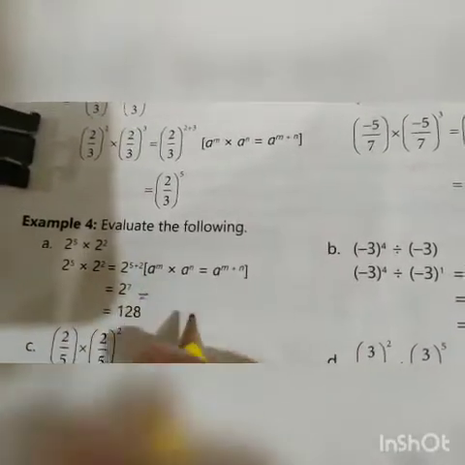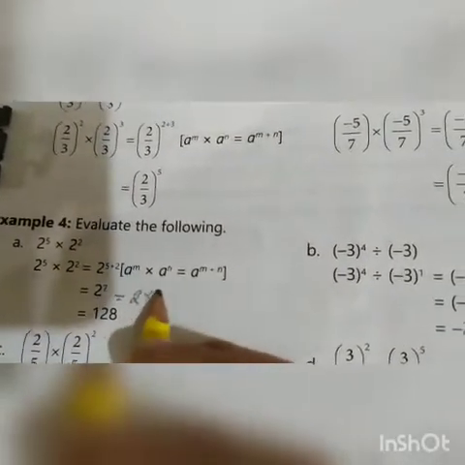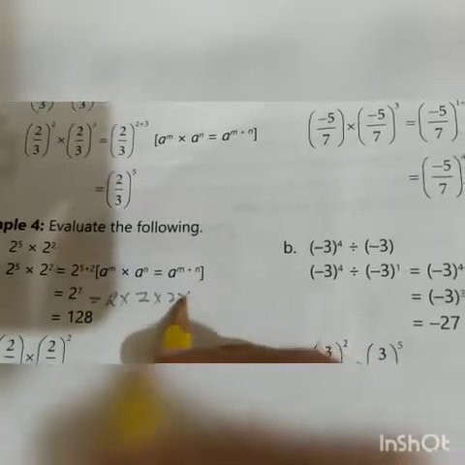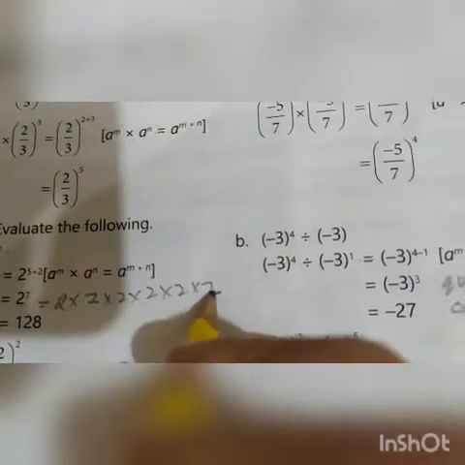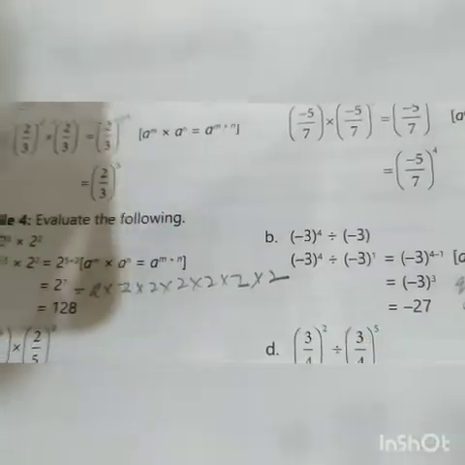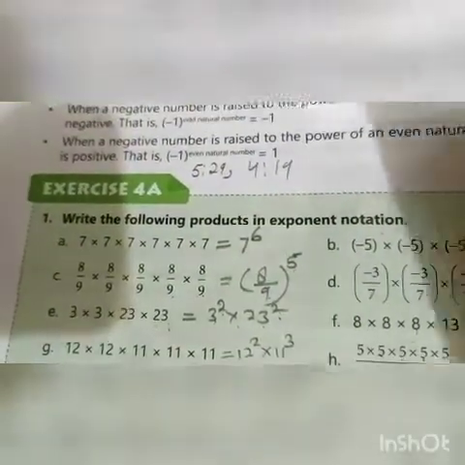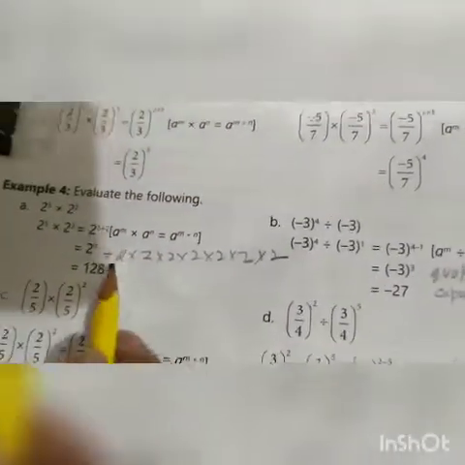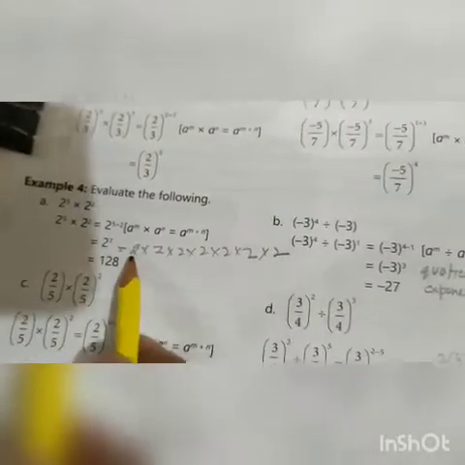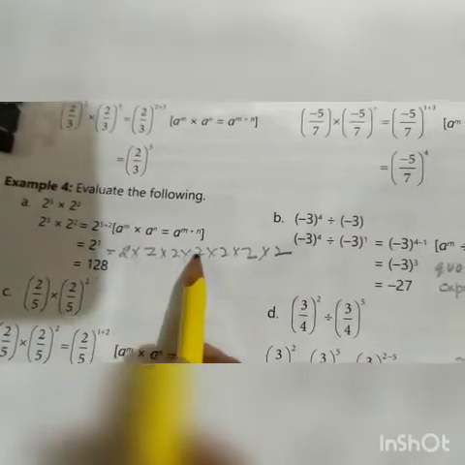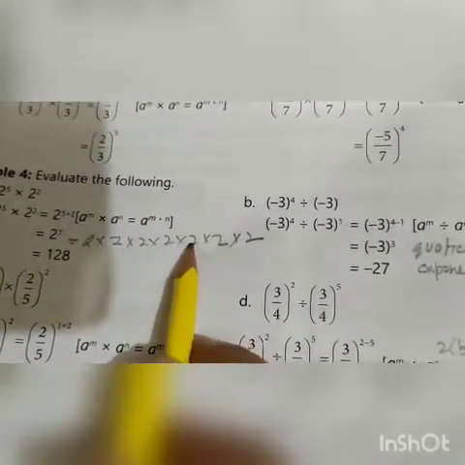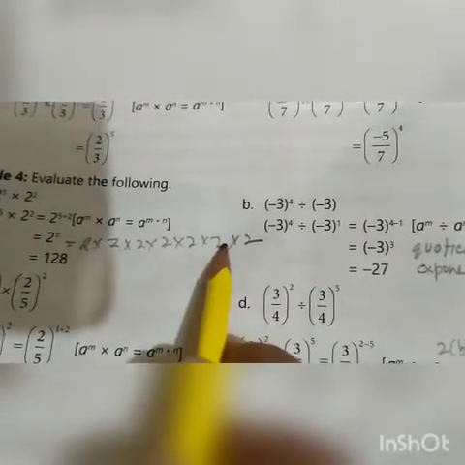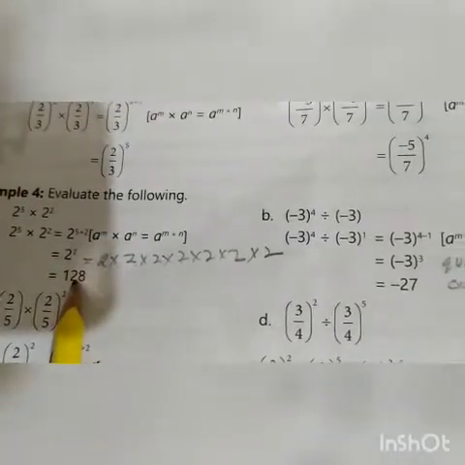Now write 2 seven times: 2 multiply 2 multiply 2 multiply 2 multiply 2 multiply 2 multiply 2, 1 2 3 4 5 6 7, as we did in exercise 4A question number 3. So when we multiply this 2 seven times: 2 twos are 4, 4 twos are 8, 8 twos are 16, 16 twos are 32, 32 twos are 64, 64 twos are 128.